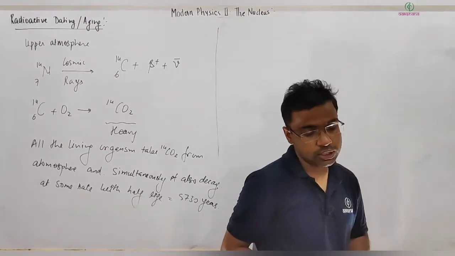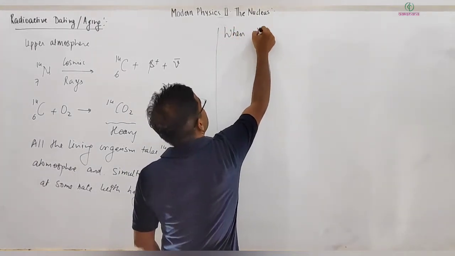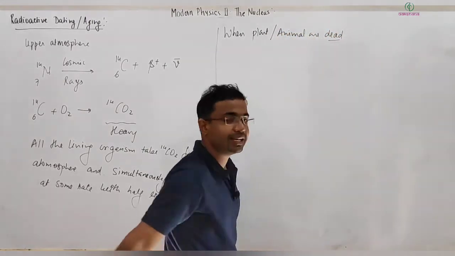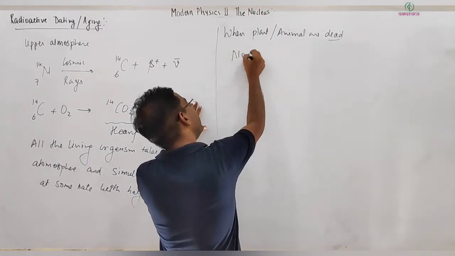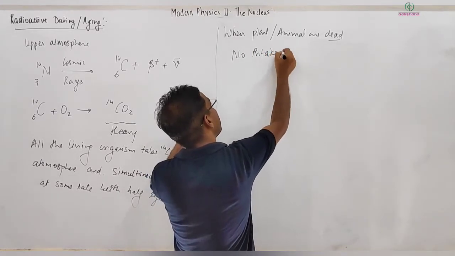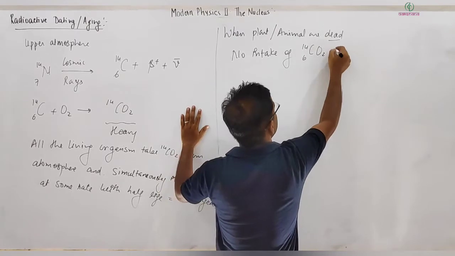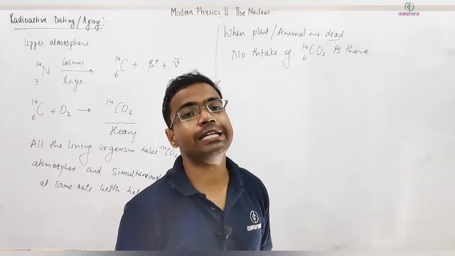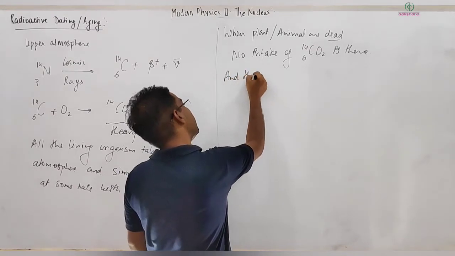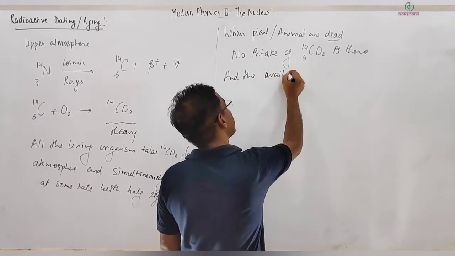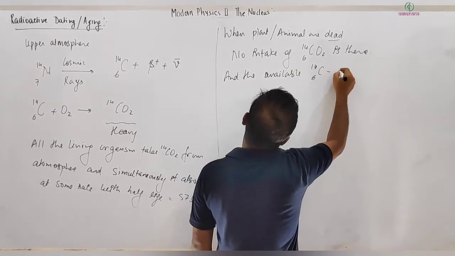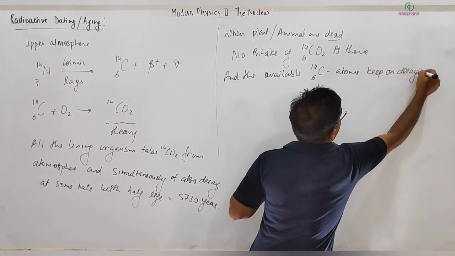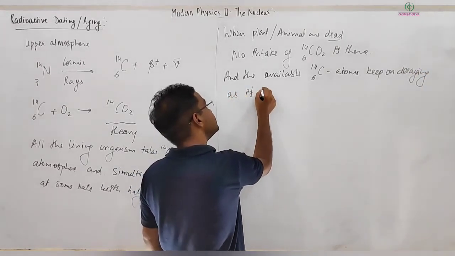The next point I am trying to say is that when plants or animals are dead, there is no intake of carbon 14 CO2, but whatever carbon 14 is available in their bodies keeps on continuously decaying, and the available C14 carbon atoms keep on decaying as it is radioactive.